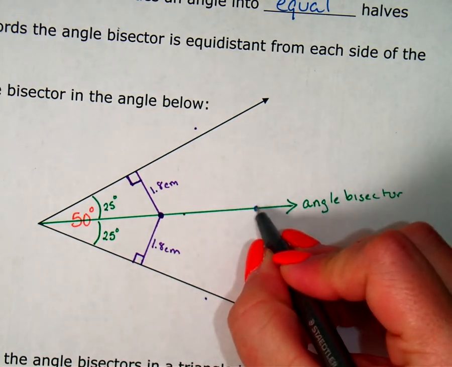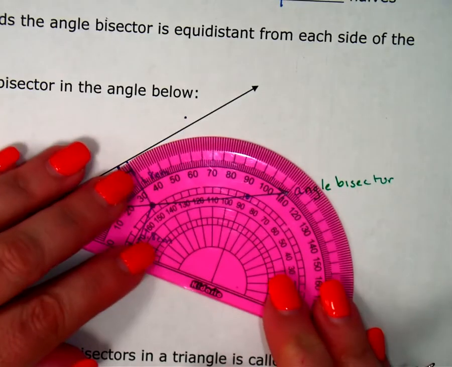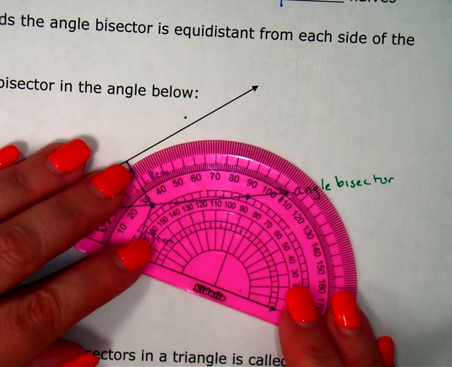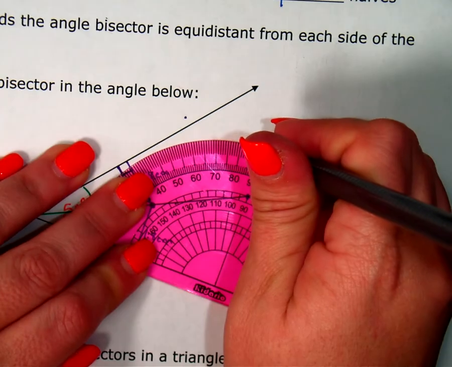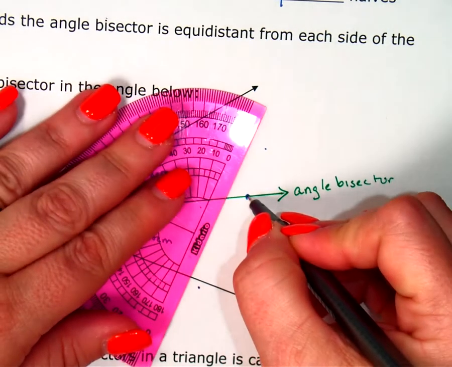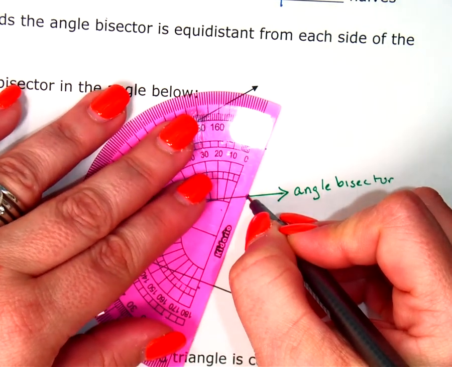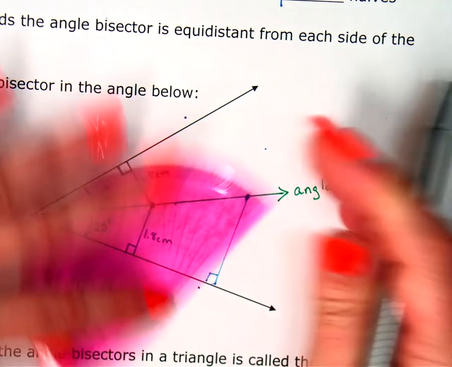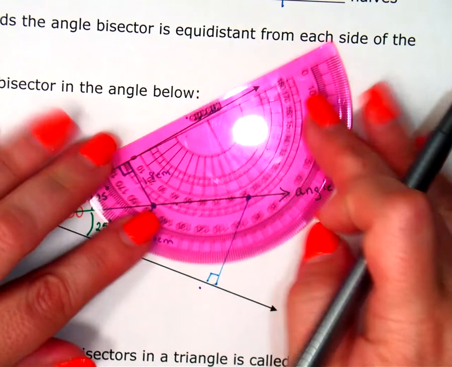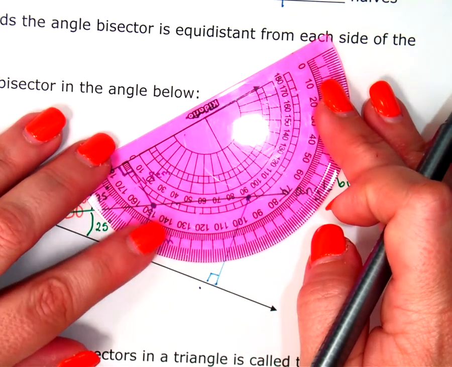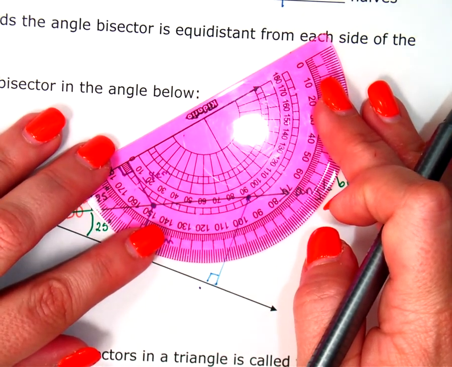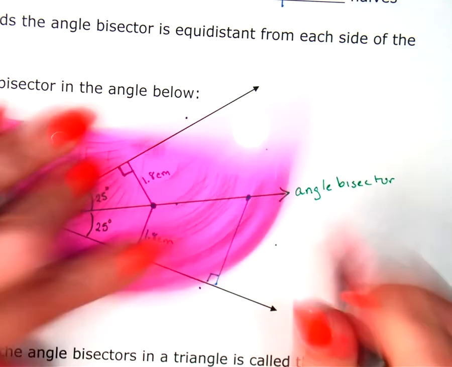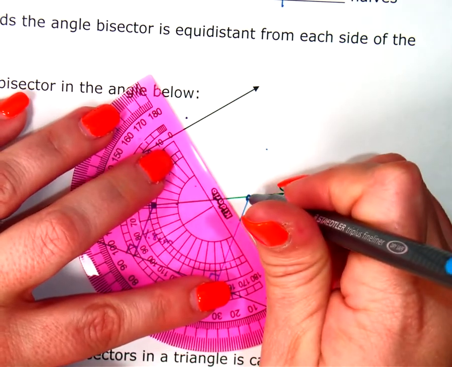I could have put it way out here and done the same thing, lined up until that 90 went through that point, and then found my 90-degree angle, and done the same thing to the other side till I went through that point and found the 90-degree angle.